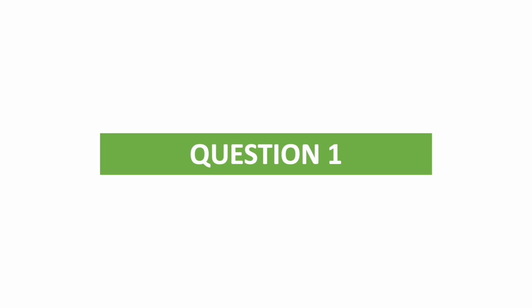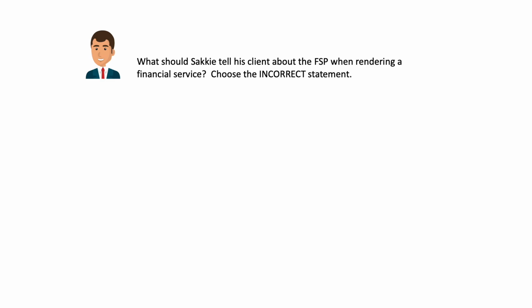We will have a look at some questions to test your understanding of the material you have just learned. Question 1. What should Saki tell his client about the FSP when rendering a financial service? Choose the incorrect statement. A. Registration number.